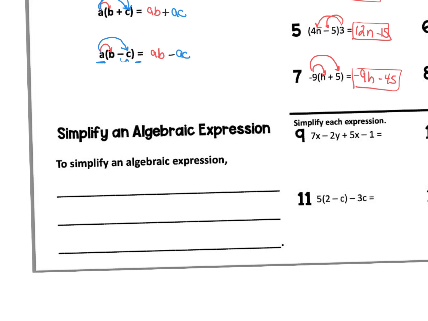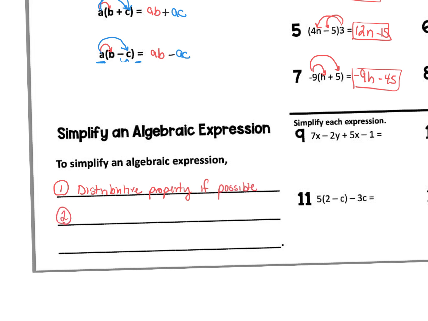Simplifying expressions. To simplify expressions, your first step is to use distributive property if possible. Sometimes you're not going to have distributive property.